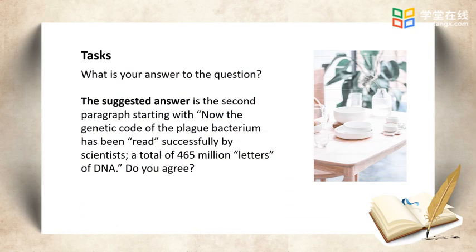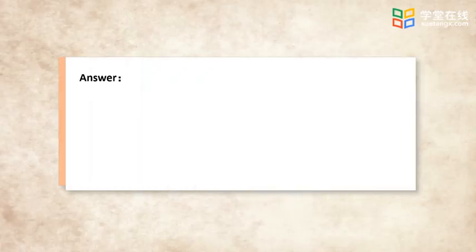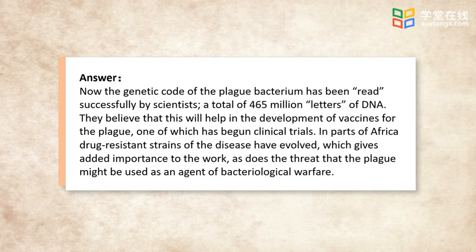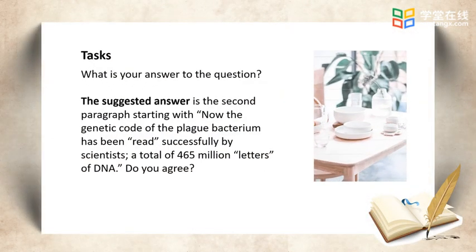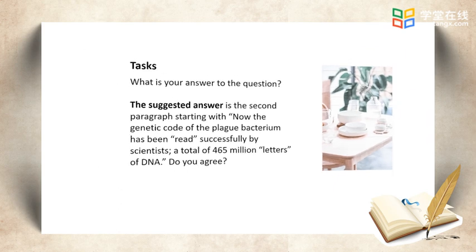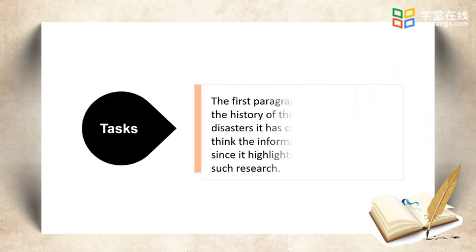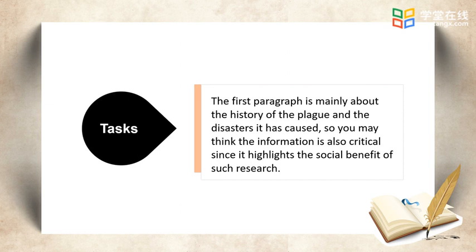What is your answer to the question? The suggested answer is the second paragraph starting with, "Now the genetic code of the plague bacterium has been read successfully by scientists. A total 465 million letters of DNA." Do you agree? The first paragraph is mainly about the history of the plague and disasters it has caused.